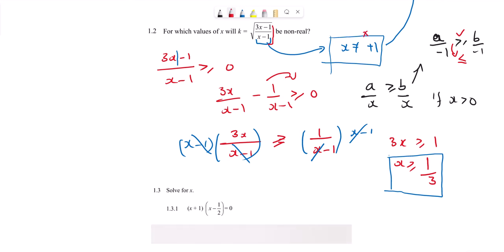Okay, let me illustrate that on a number line. Here's our number line, and the smallest is 1 over 3, and then another one is 1. So we are saying that x is greater than or equal to 1 over 3.